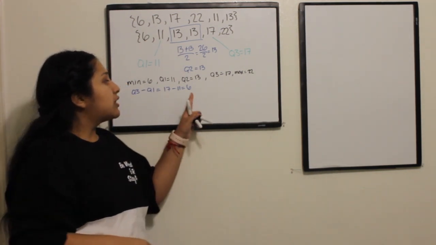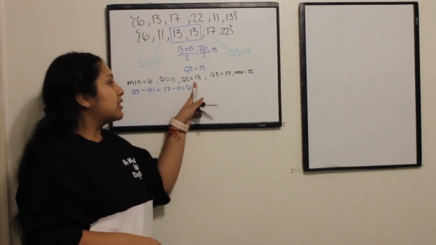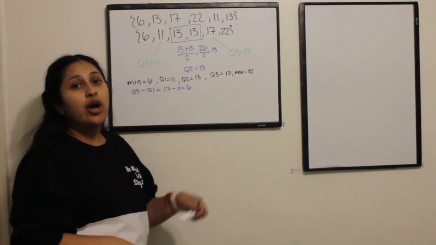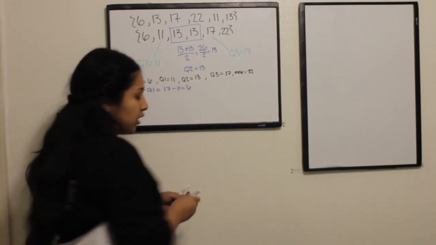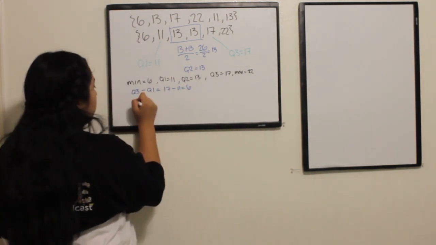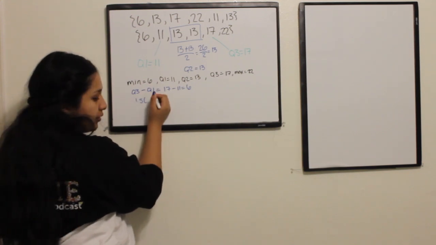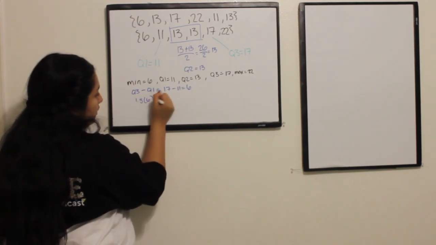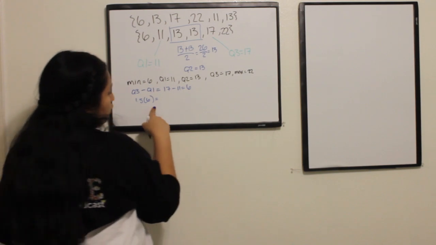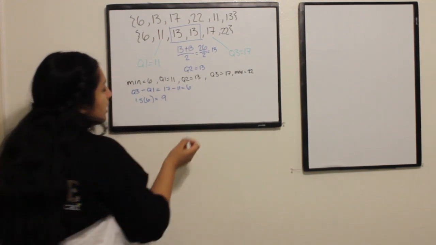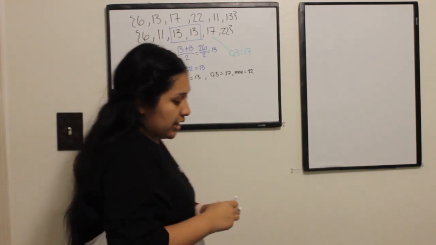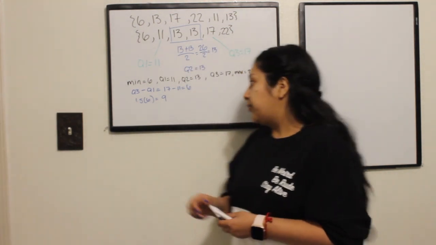Now with our number 6, we're going to multiply it by 1.5. So we're going to do 1.5 times 6. And as a result, we will see that it is 9. So 9 is now our result.